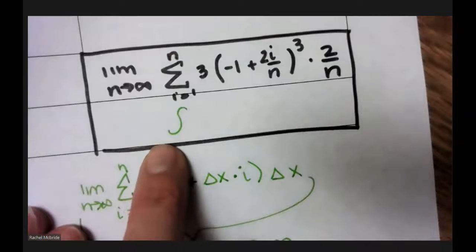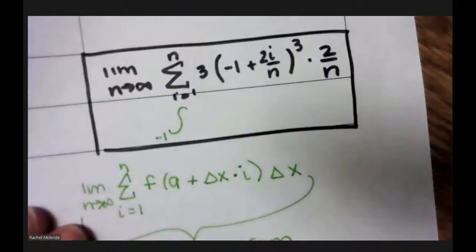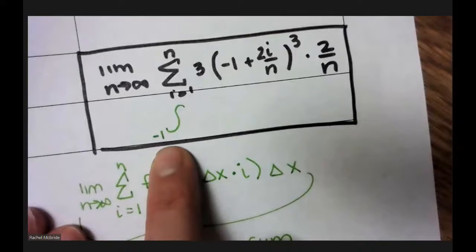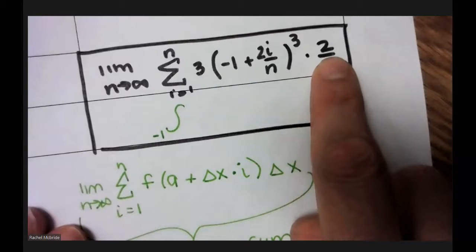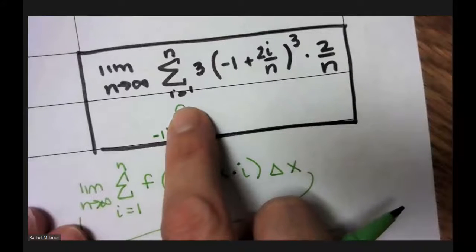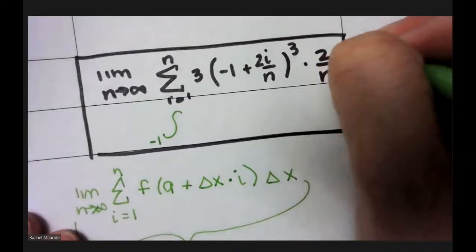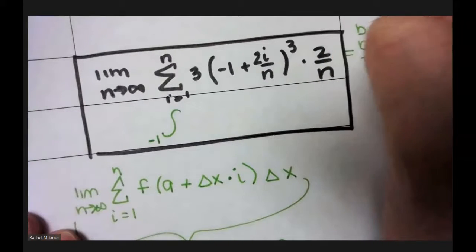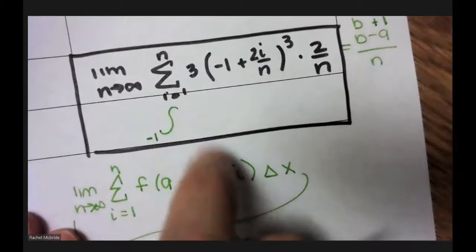Okay, what's my lower bound? What's my a? My a is negative 1, right? Because this is a. That's the a of my integral. If b minus a is equal to 2, and I know a is negative 1, what's that make my b?